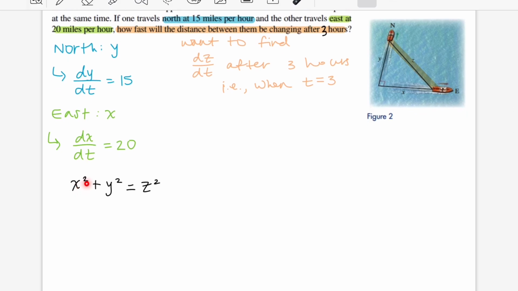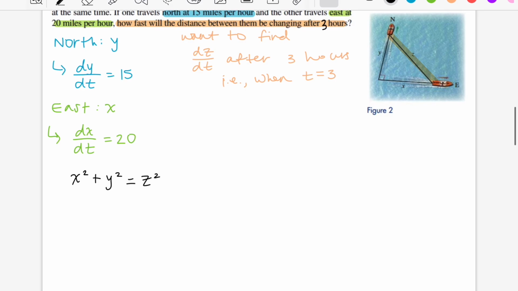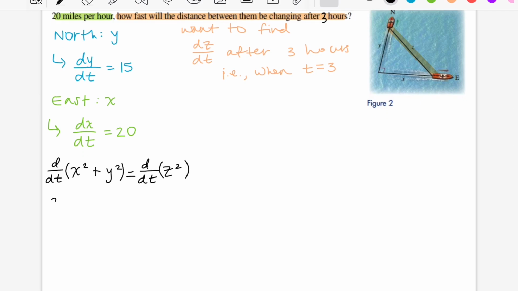And again, since we have the square of these functions, a function within a power function, we'll be using the chain rule as well as implicit differentiation. So let's take the derivative on both sides of this. So we know this will be 2x times dx/dt plus 2y times dy/dt. That'll be equal to 2z times dz/dt.